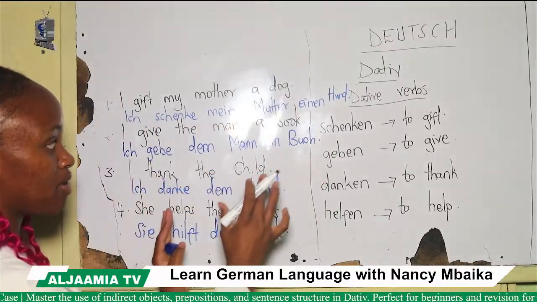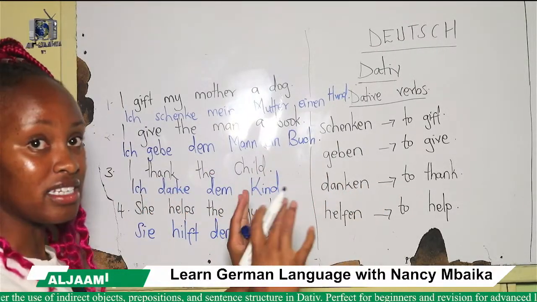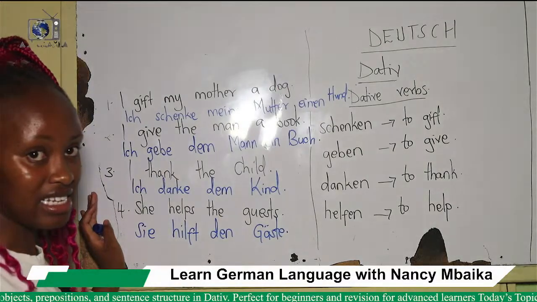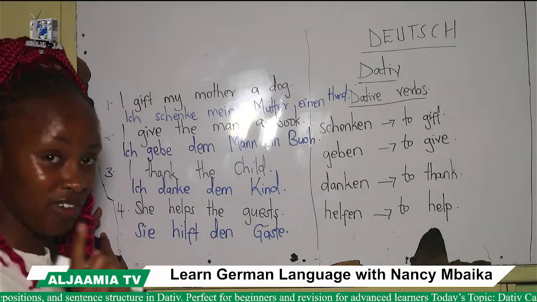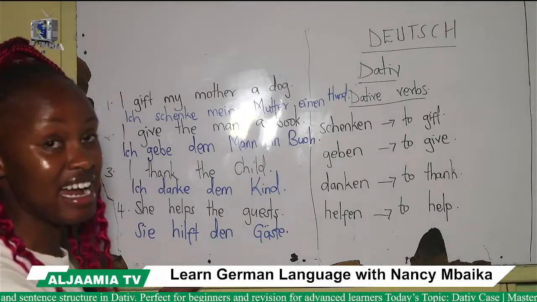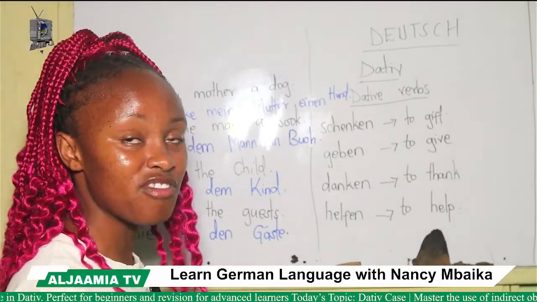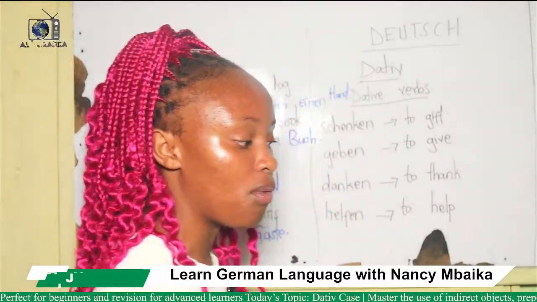So those are some of the dative verbs. You can go on and search more. And also this is how you're supposed to write the sentences. Just because of that one verb, you're going to use the dative case. So let us now move on swiftly to the dative prepositions, and I'm going to list the ones that we have.